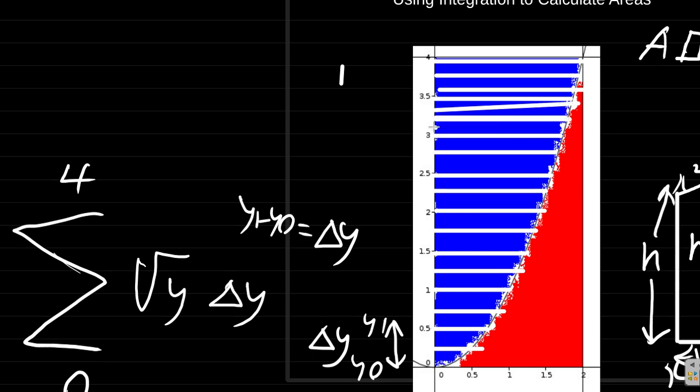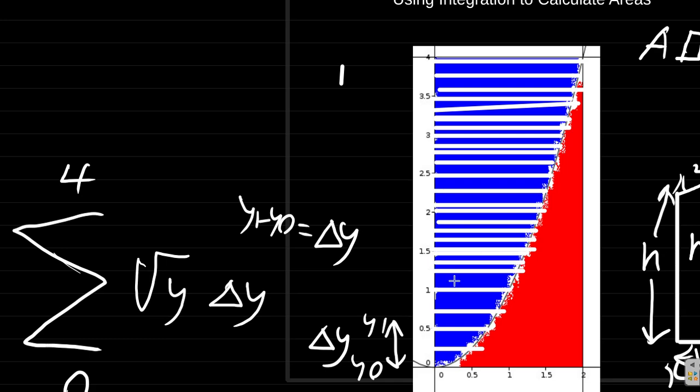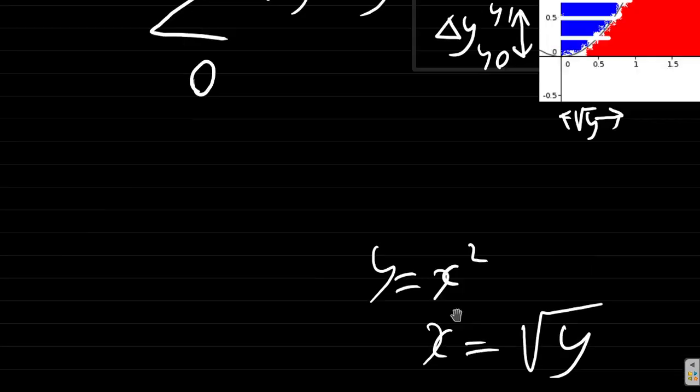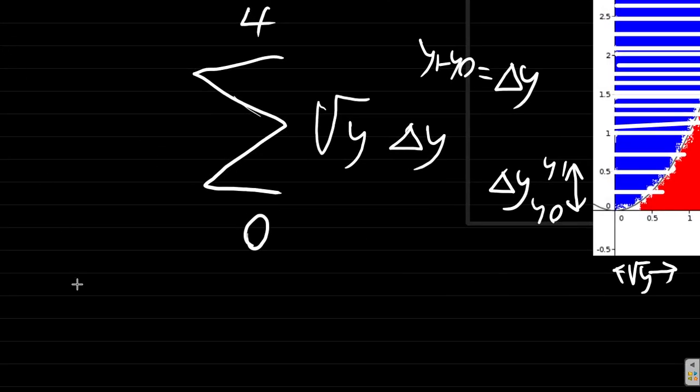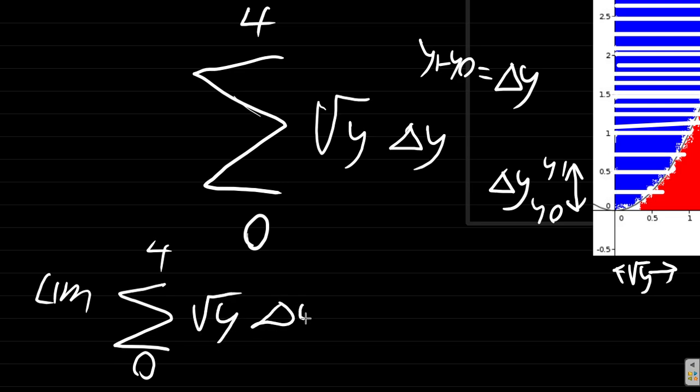What you will have is that the number of rectangles approaches infinity while the height of each rectangle approaches 0, right? So, the limit as you sum from 0 to 4 of the square root of y, delta y, is equal to the integral from 0 to 4 of the square root of y dy.